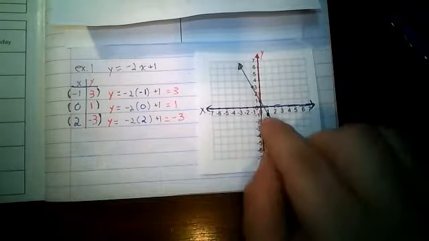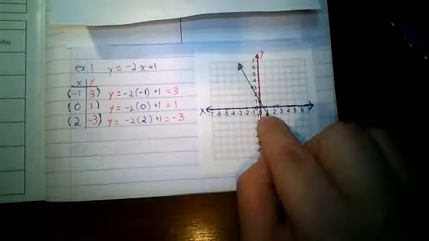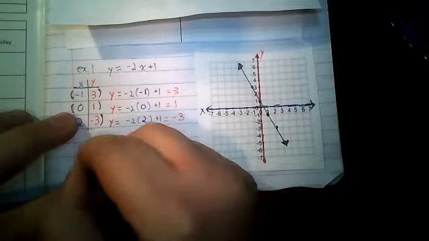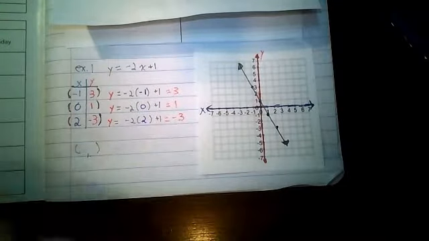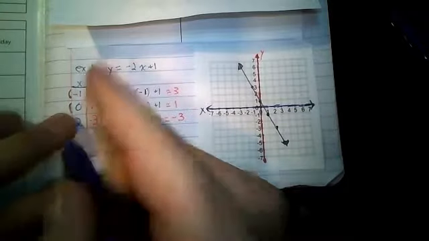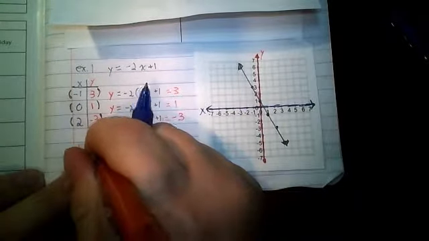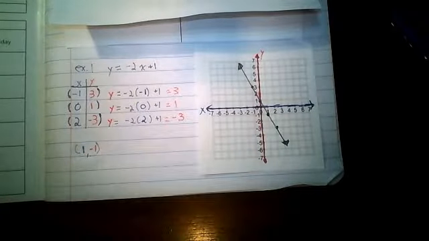And let's choose the point 1, -1. So again, using color, that's going to be 1 on x and -1 on y.